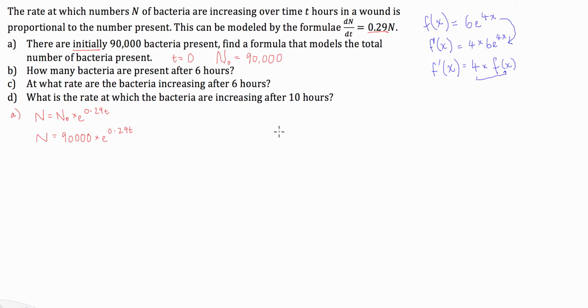Okay. B: How many bacteria are present after 6 hours? Well, this is just going to be N(6), which is equal to 90,000 times e^(0.29), and instead of t, we write 6.